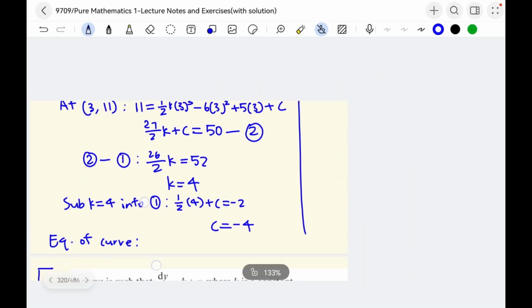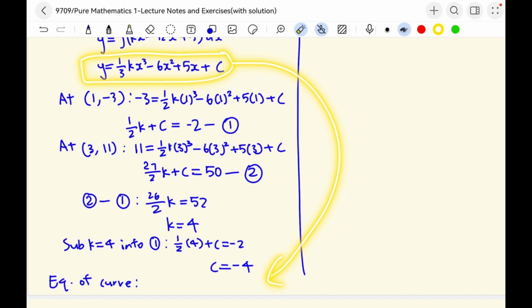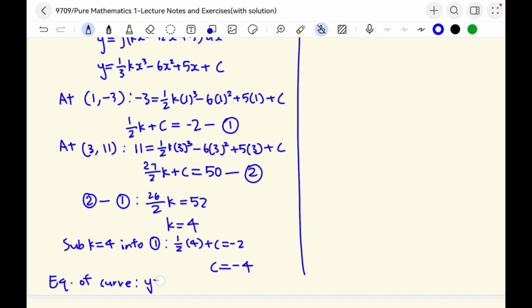Recall what you have integrated over here. Y equals to, what is k? 4. So 4 over 3 x cubed minus 6x squared plus 5x, and don't forget the minus 4. Voila! That is your final answer for the equation of the curve.